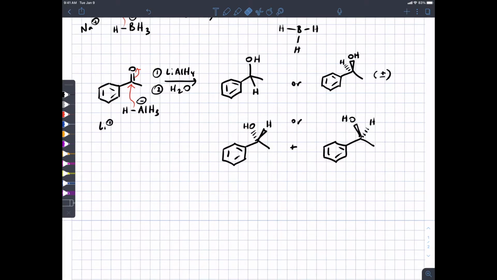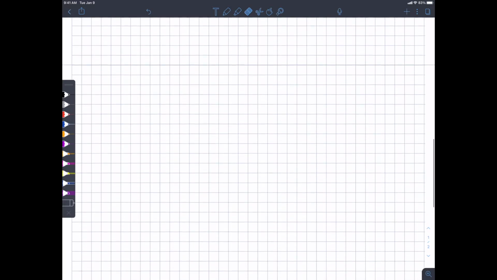Sorry. Let's talk about nature, though, because nature's biomolecules are chiral, and so nature is capable of delivering hydrides in a manner that selectively results in one enantiomer over the other. We call that enantioselective.